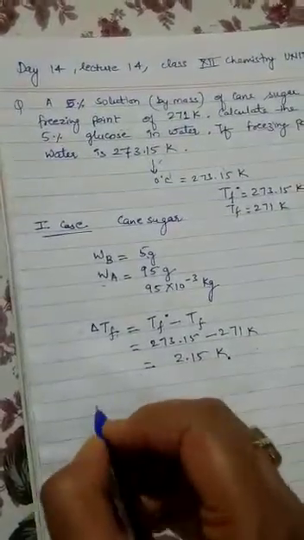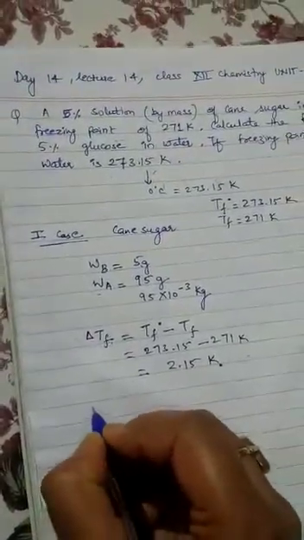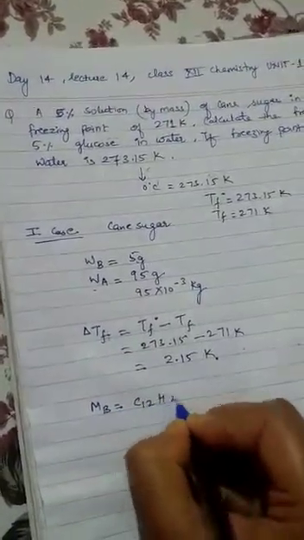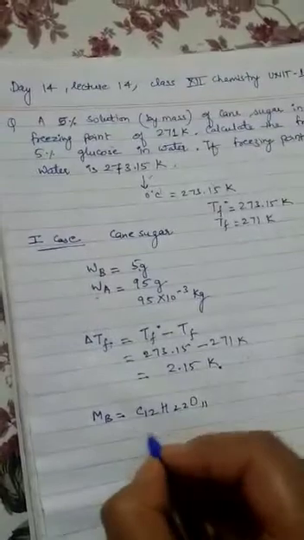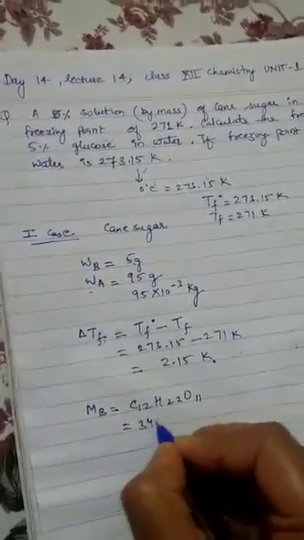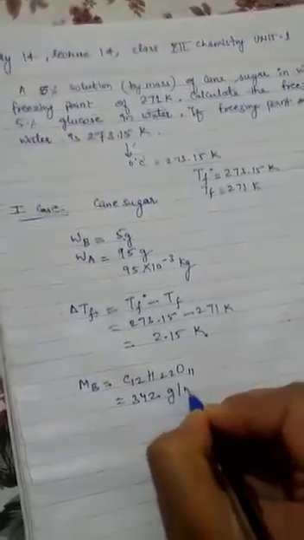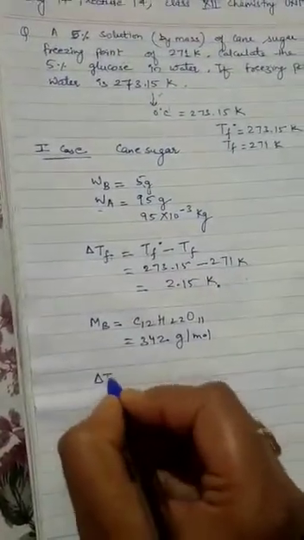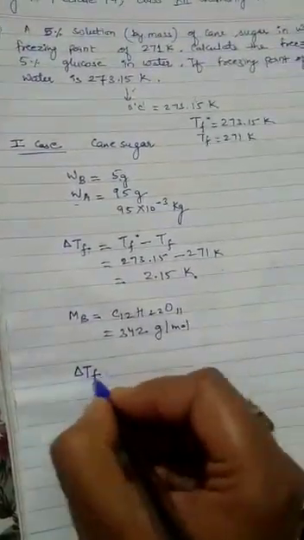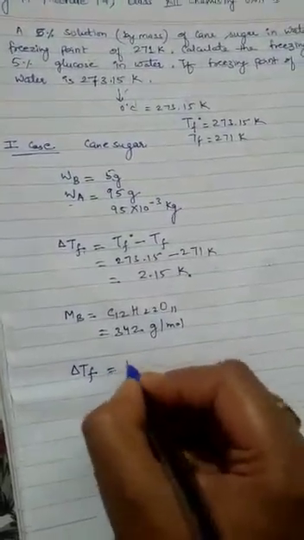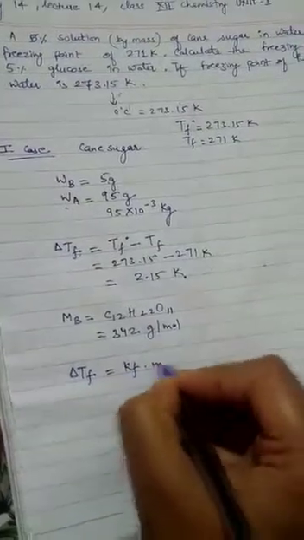Now we know that for cane sugar, the formula is C12H22O11. So its molecular mass is 342 gram per mole. And we know that delta TF, the depression in freezing point, is equals to Kf into m, molality.